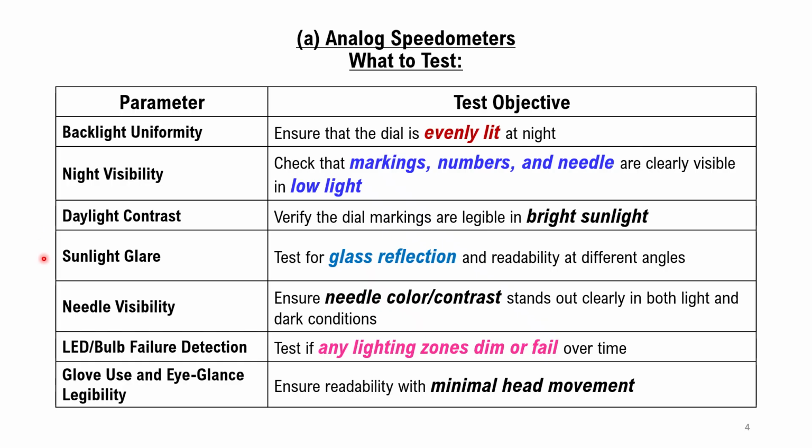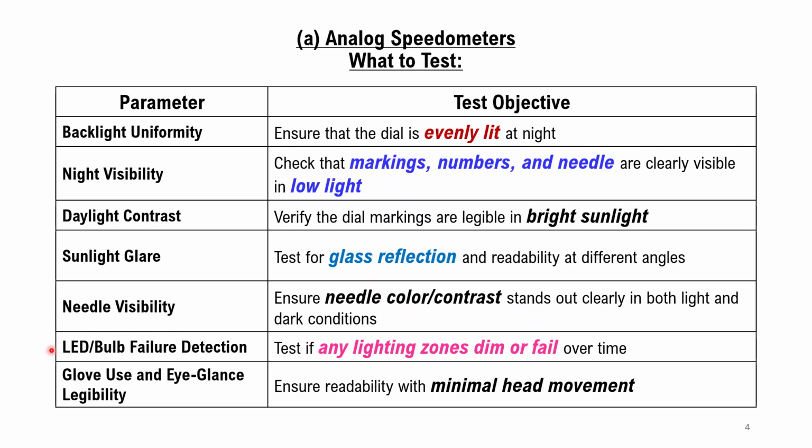Number four, sunlight glare. It is to test for glass reflection and readability at different angles, that is, at say 60 degrees or at 120 degrees, etc. Number five, needle visibility. It is to ensure that the needle color and contrast stands out clearly in both the light and dark conditions.